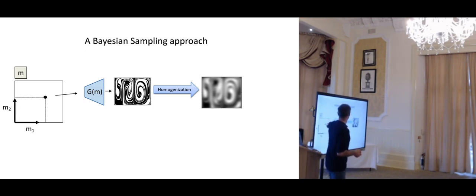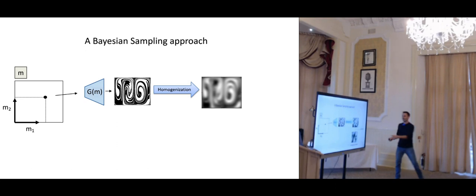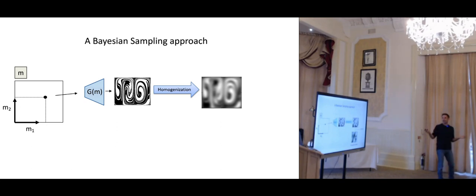For each point in this space, I can generate a complicated marble cake figure, and I can also very quickly homogenize it. Then I can compare it to a tomographic model, to the data. By taking the difference between the two, I can compute a likelihood or a posterior value.